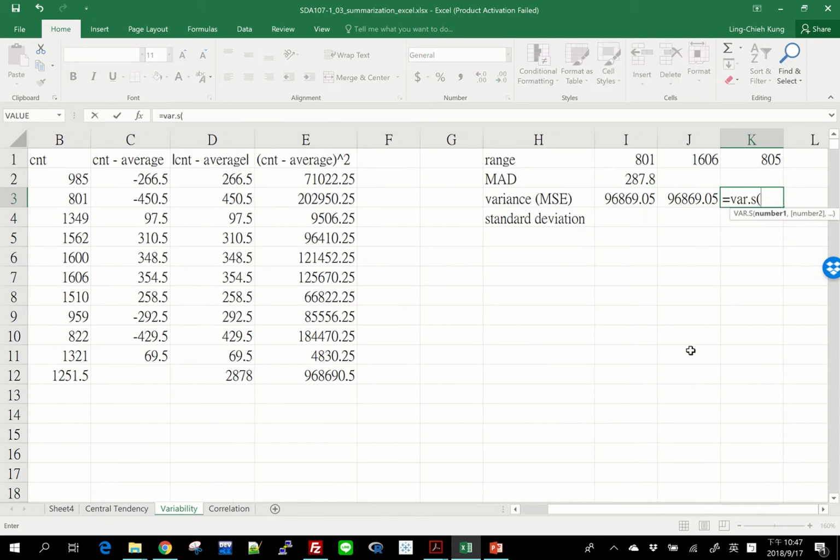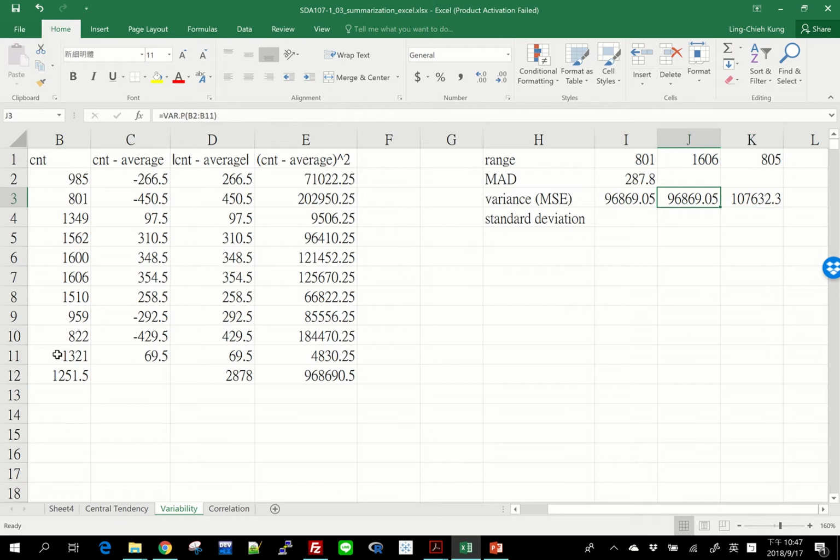Okay, so that var.p is something like this. We may try var.s, and very quickly we can see that the value is a little bit different. And if you pay attention to the lecture videos, you know why. Because their denominators are different. For the population variance, the denominator is n. For sample variance, the denominator is n minus 1. So that's why for the sample variance, you're going to see a slightly larger value. So let me emphasize it again.